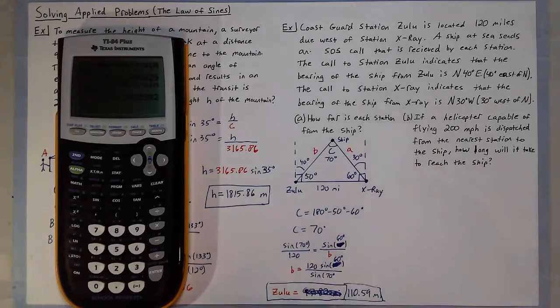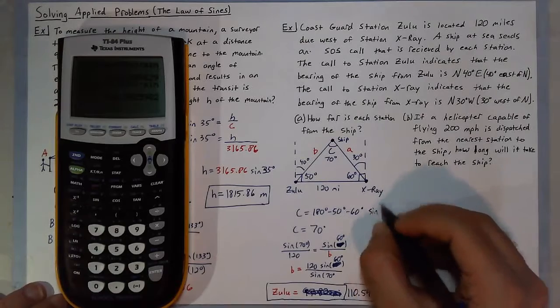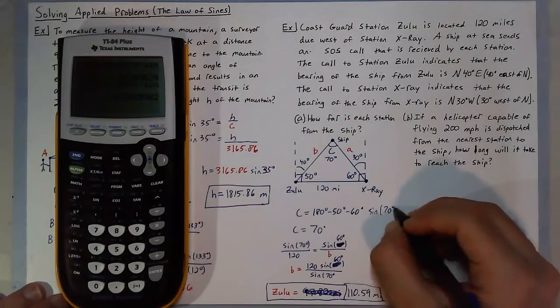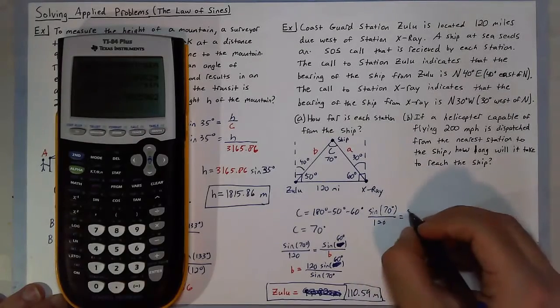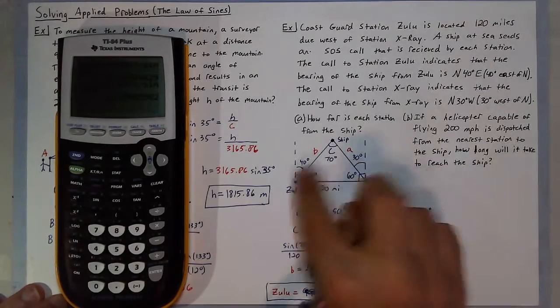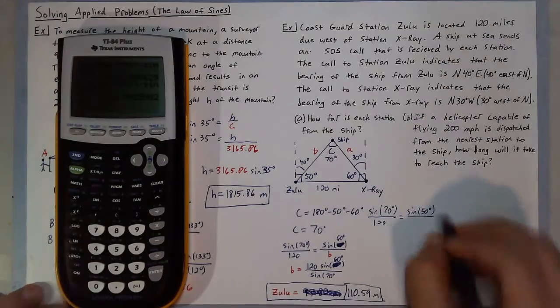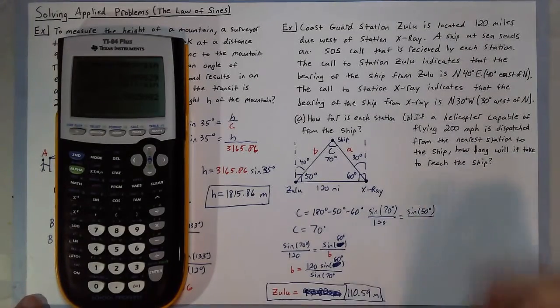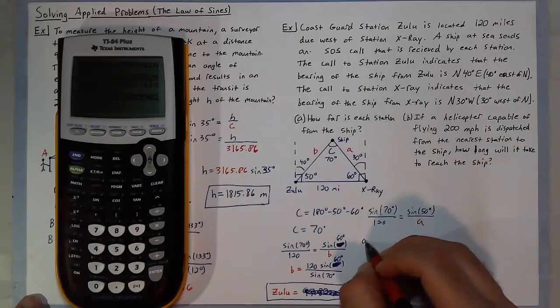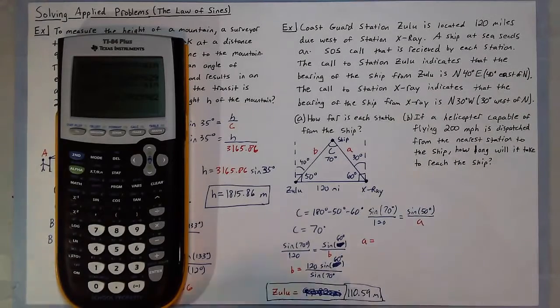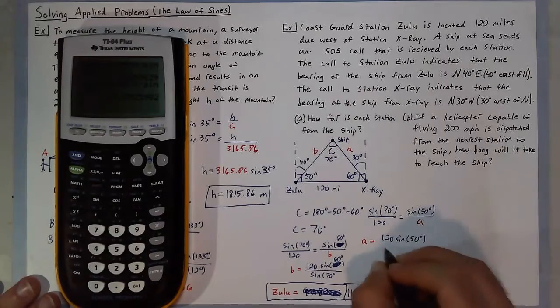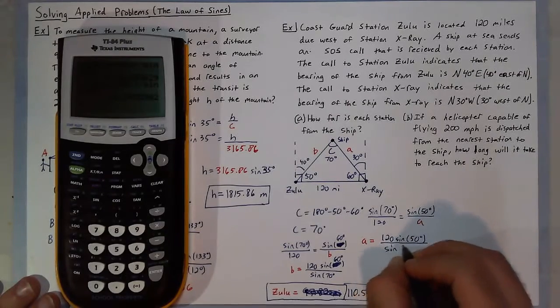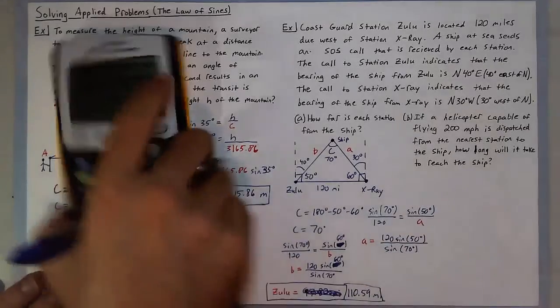And then now I'll do station X-ray, where I'll use the sine of 70 over 120 again, is equal to the sine of 50 degrees, opposite of that distance, over A. Solving for A, you'll get that is equal to 120 sine of 50 degrees, all over sine of 70, which was what I plugged in earlier by accident, the top one.